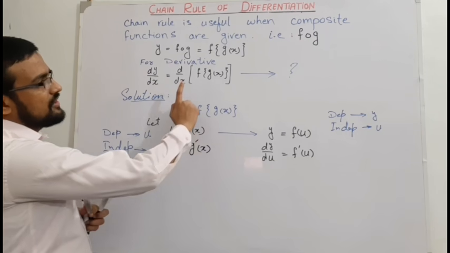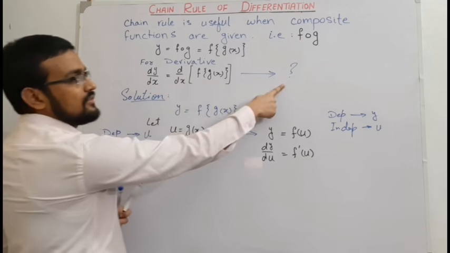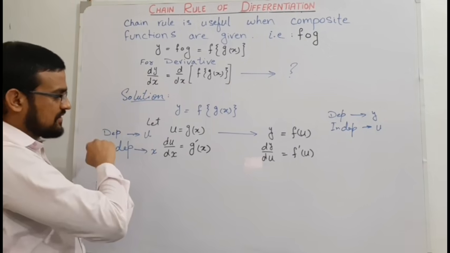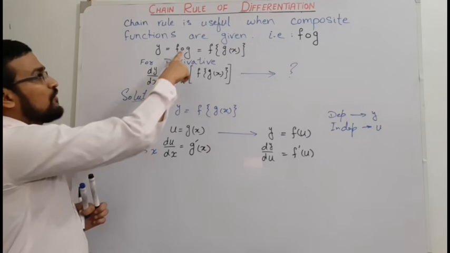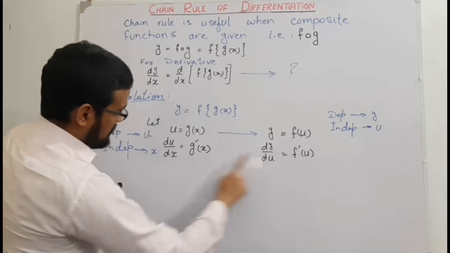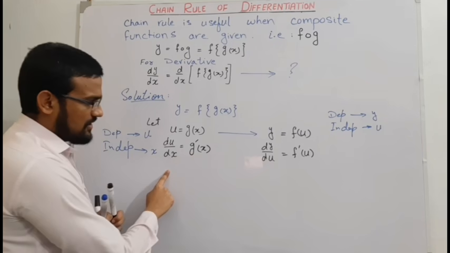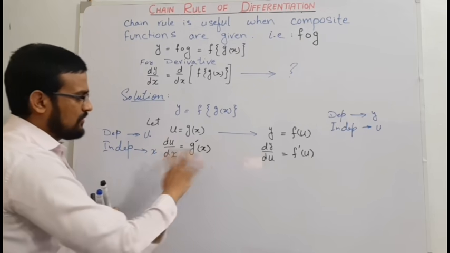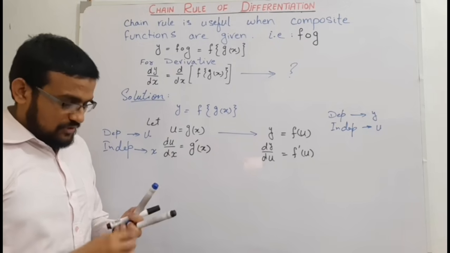But our requirement is dy over dx. In dy over dx, y is dependent, x is independent. But in these both cases, y, u and u, x are separate from each other.